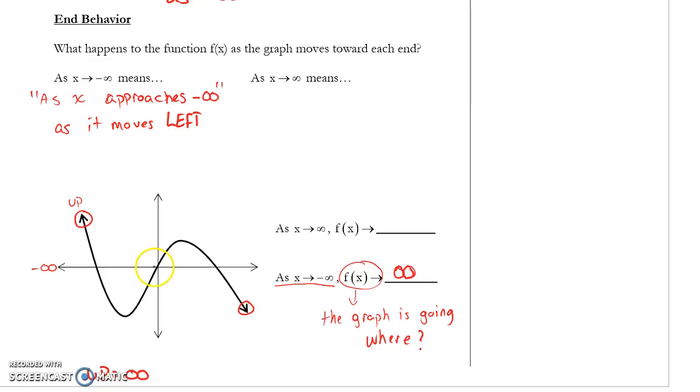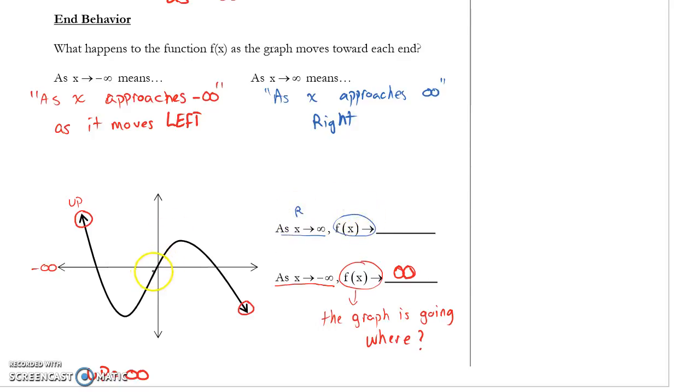Look at the second one. As x approaches positive infinity. That's what this is saying. That means it's moving right. So again, I start at the origin to answer these questions. As x approaches positive infinity, meaning as I move to the right, f of x approaches what?